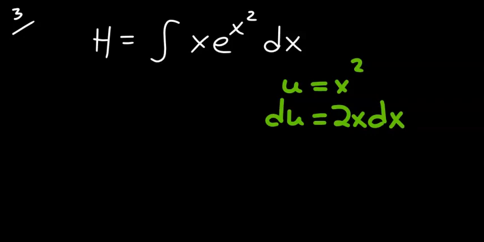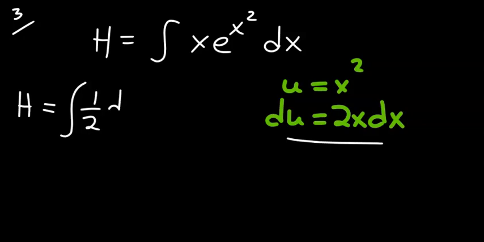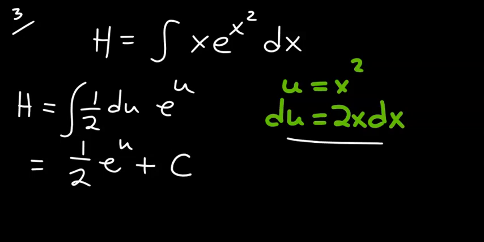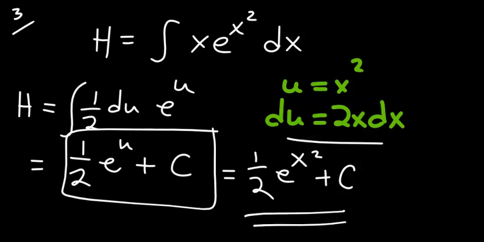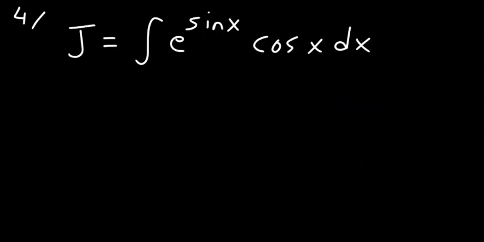Upon substituting these results in h, we get x dx is half du, and e to the power x squared is simply e to the power u. And this is an easy integral to do. It's just half e to the u plus an integration constant c. And if you substitute back the expression for u, you get half e to the power x squared plus the integration constant c.